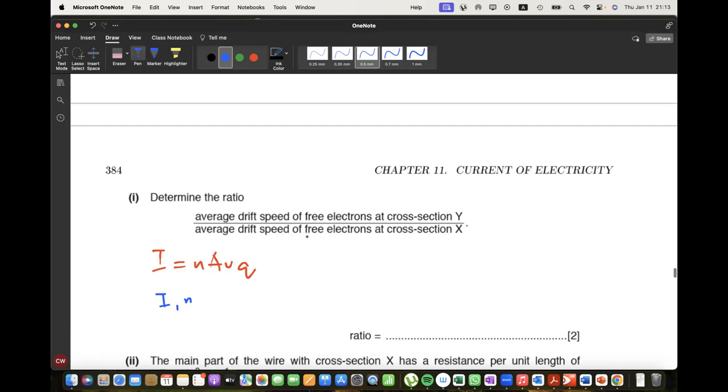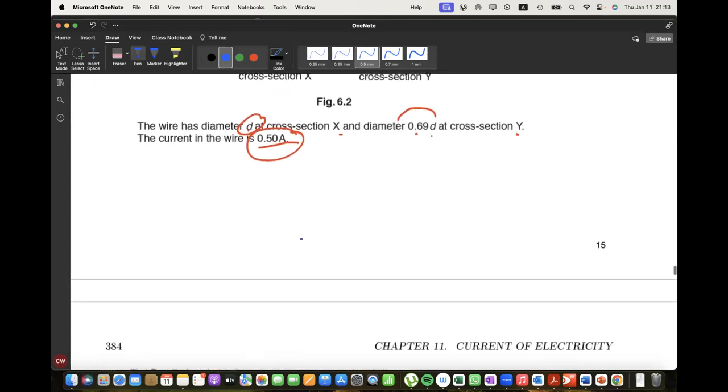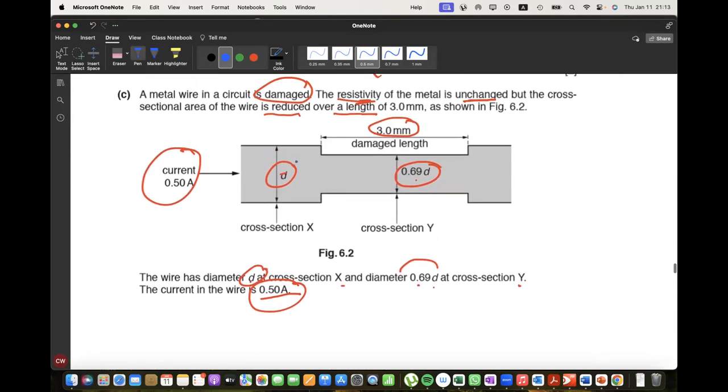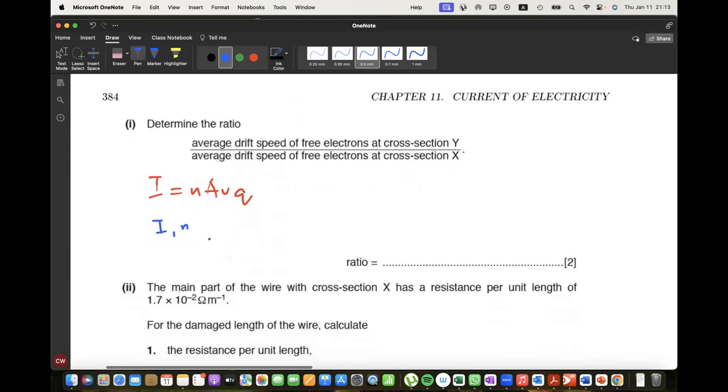Depends on the type of the wire. How many types are there? One type. What else is constant? Q is constant. So, what is the relationship between these two now? Directly or inversely? V is I over NAQ.